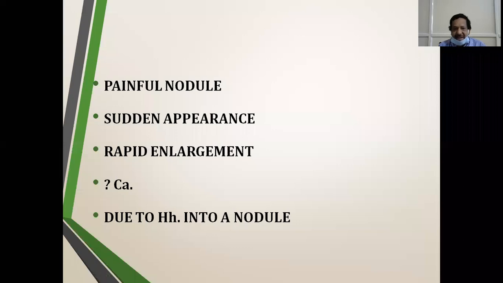Sudden appearance again, carcinoma, or rarely rapid enlargement due to a hemorrhage into a nodule. The cause for a hemorrhage may be again carcinoma. Your first priority is to exclude carcinoma. Second priority is to exclude carcinoma when these clinical features are present.